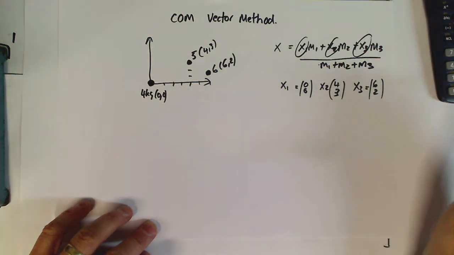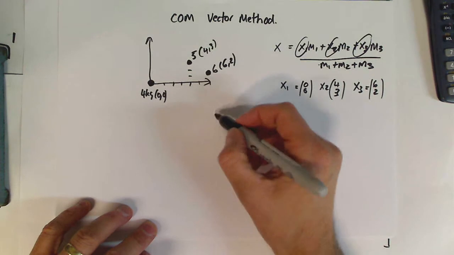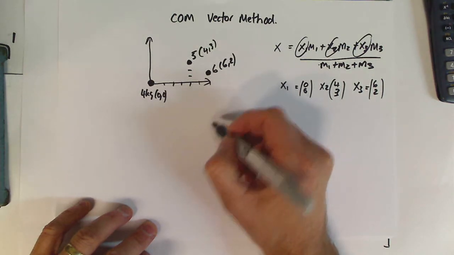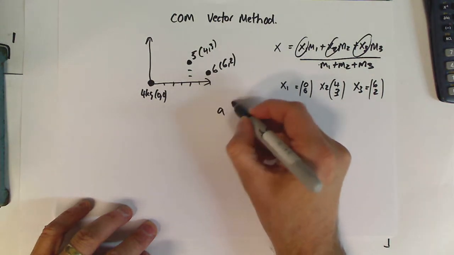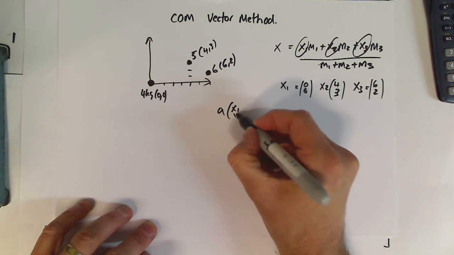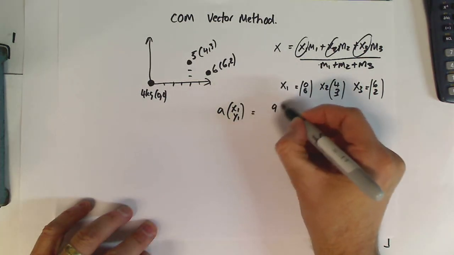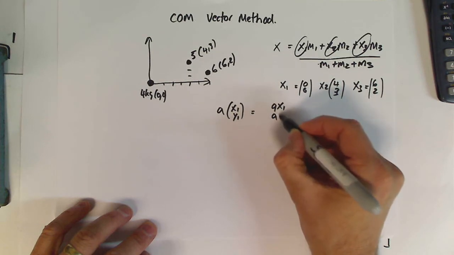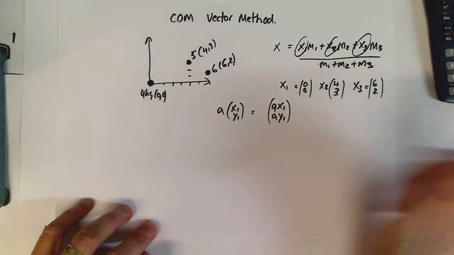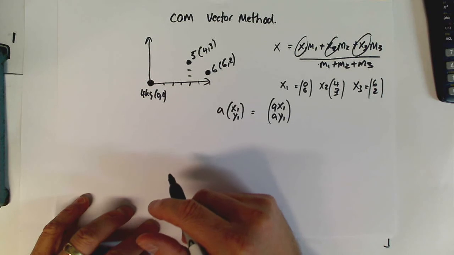So all we've got to figure out to do these type of equations is how do we multiply a vector by a scalar? That's quite easy. If you've got a scalar times a vector, say a times x1, y1, then that's going to be equal to a x1, a y1. Just multiply each component by that scalar.